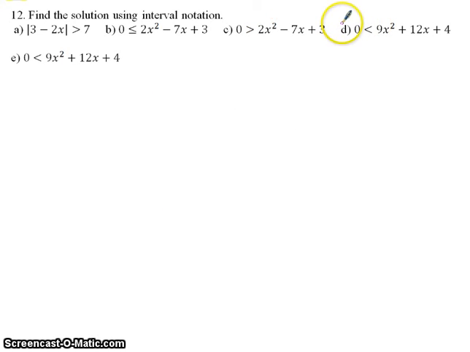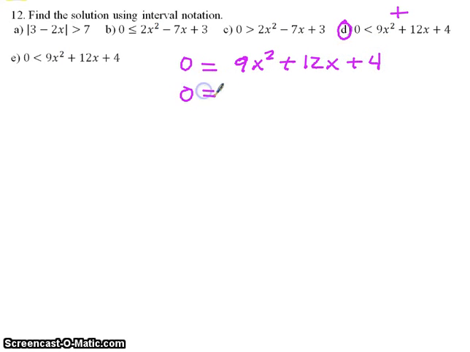Part D says we want to figure out the x values that are going to result in positive values that are greater than 0. So let's figure out where we're actually equal to 0. So I got to factor, and then figure out my x values that actually cause 0. So if I factor this, looks like this is turning out to be a perfect square trinomial.